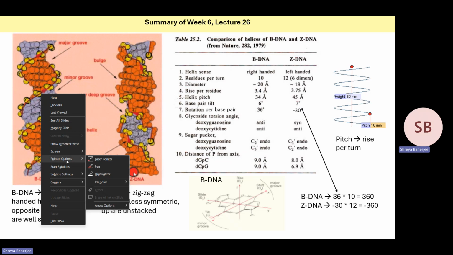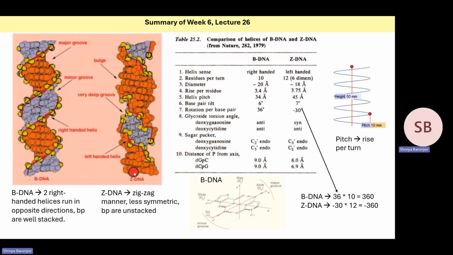You can see one helix, if I consider this is 5 prime and up is 3 prime, then the other strand, which is not shown here, runs like this, is 5 prime, and here it comes down as 3 prime. So the strands run in opposite directions.